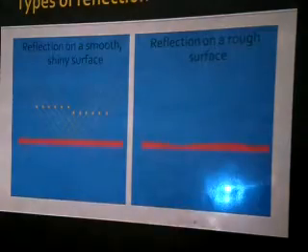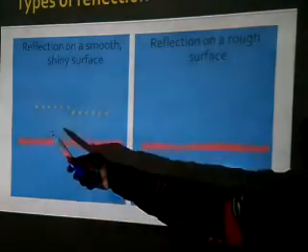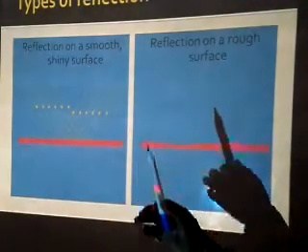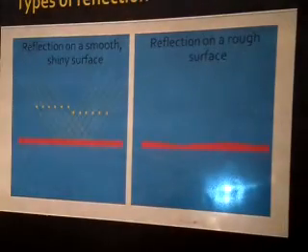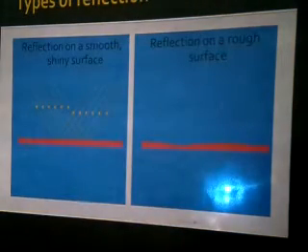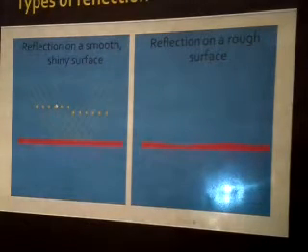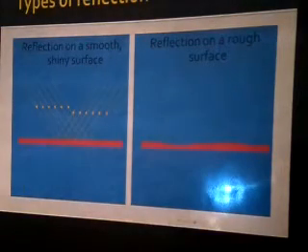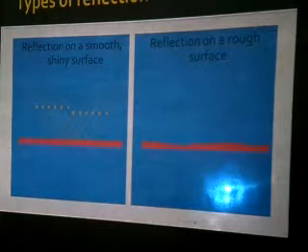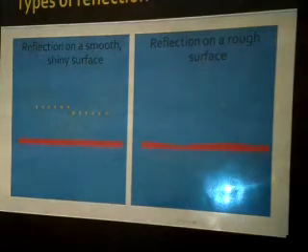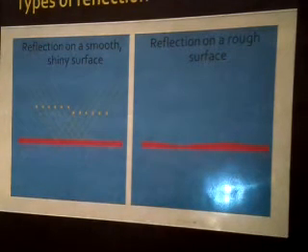We realize that the light rays here are reflected in the same direction. So that is one of the properties of regular reflection.